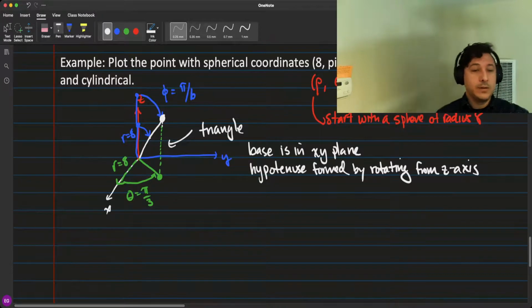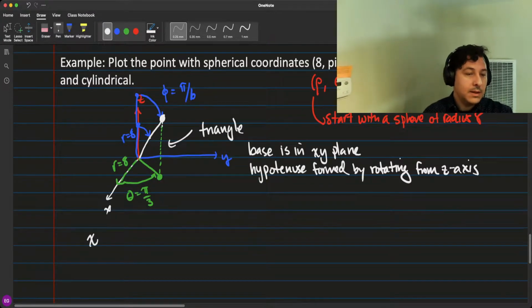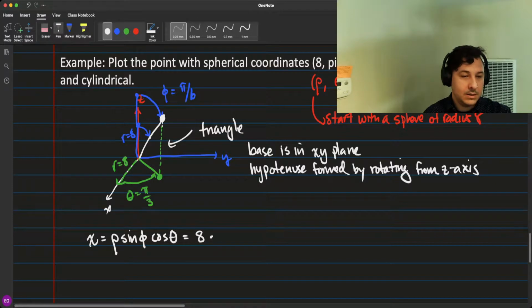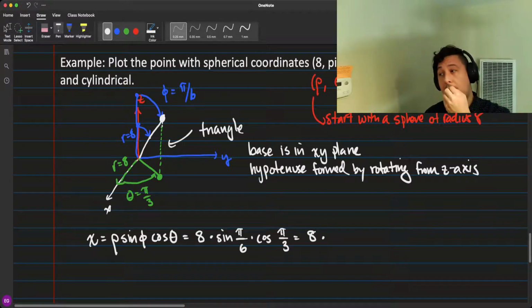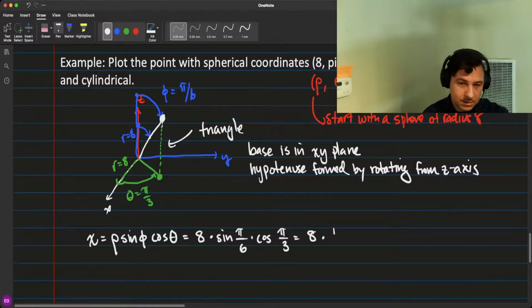Okay, so it's fairly straightforward. You just start plugging stuff in. The x coordinate is rho sine phi cosine theta, which is equal to, my rho was 8, sine of pi over 6, cosine of pi over 3, which is 8 times the sine of 30 degrees, which is a half, yes.